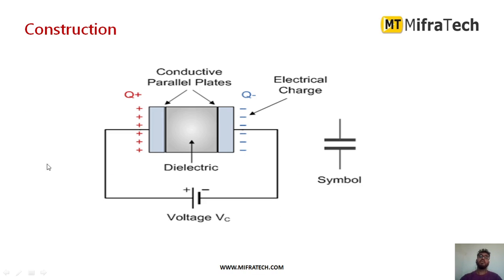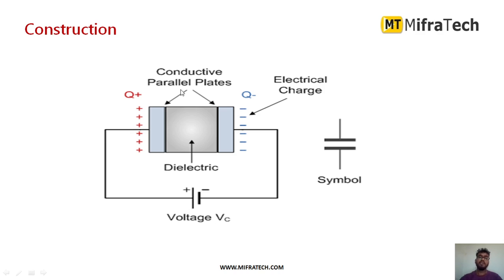So this is the construction of a capacitor. This is how a capacitor looks internally. Usually we represent the capacitor by using these parallel lines. As you can see, this is the symbol for the capacitor. It has mainly two terminals, a positive terminal and a negative terminal.